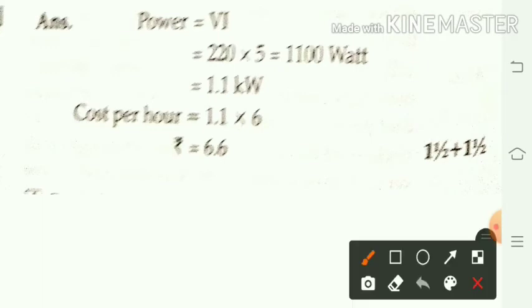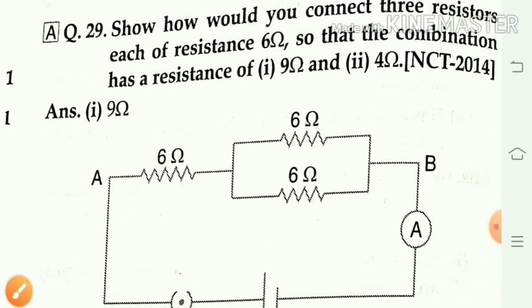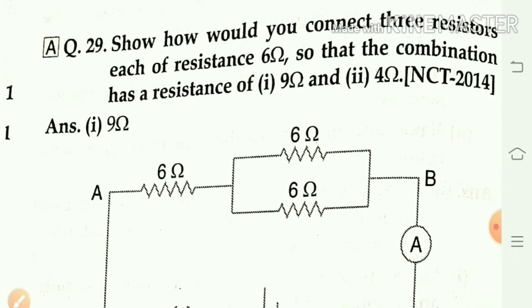Hence 1.1 into 6 we get 6.6 rupees. So the cost per hour for 1.1 kilowatt power is 6.6 rupees. We will see the next question.